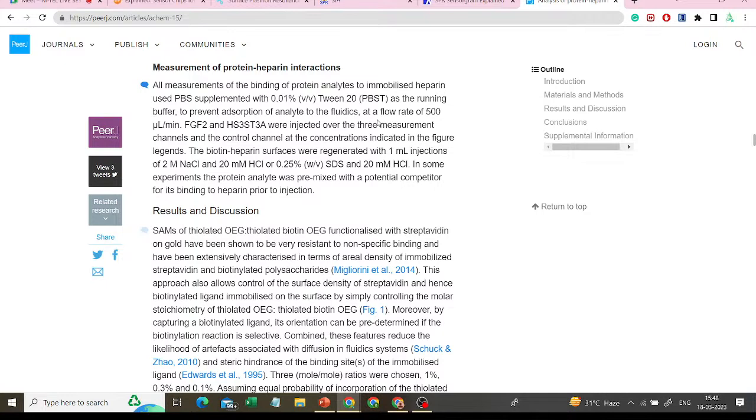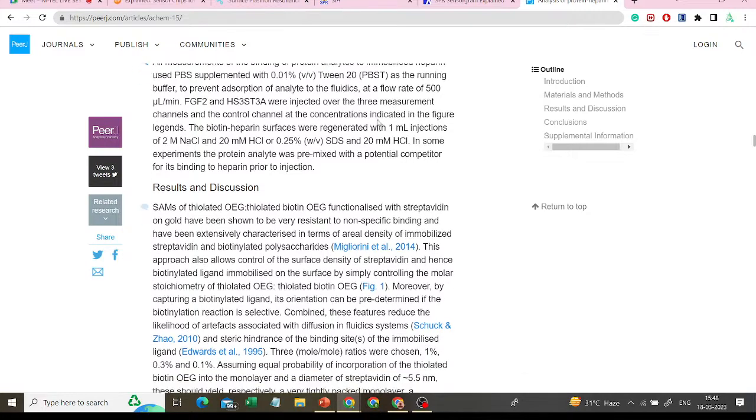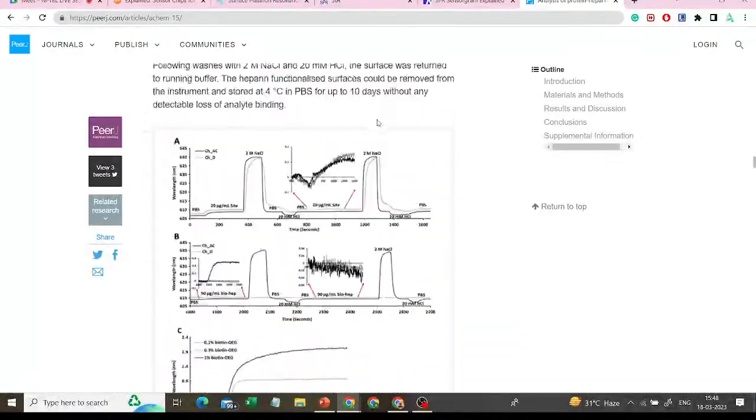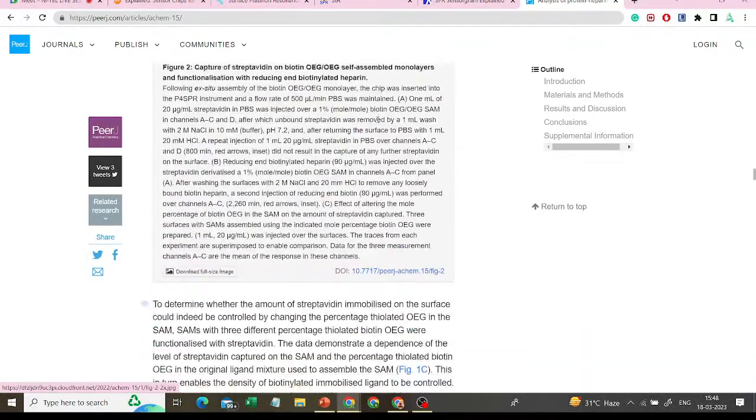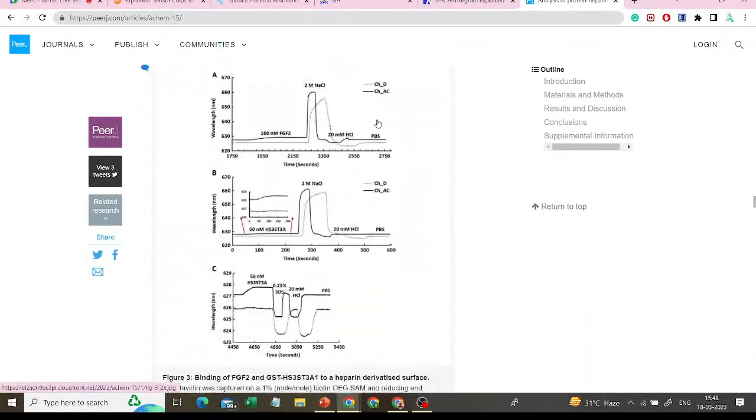This approach also allows you to control the surface density of streptavidin, and hence the immobilized ligand, by simply controlling the molar stoichiometry, and then you can analyze the sensorgrams. So you can go through it.